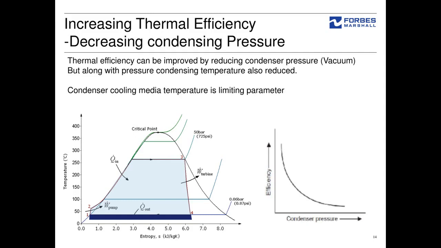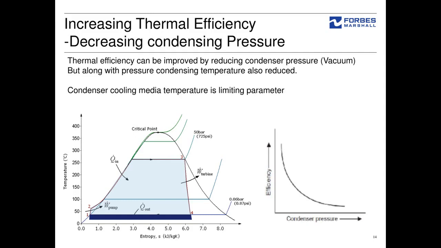But at the same time, there will be slightly more work input to your pump also. So if you keep decreasing your condenser pressure, your efficiency will increase, but at a certain point it will not increase further.